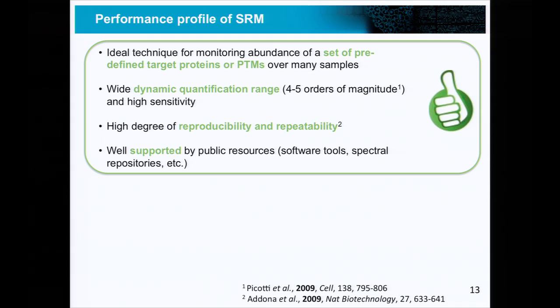A major advantage of working with SRM and these triple quadrupole mass spectrometers is that you can span a quite large dynamic quantification range. So 4 to 5 orders of magnitude is what you can measure in a single experiment. So you can in one shot measure a peptide that is up to 5 orders of magnitude less abundant than the highest concentrated peptide. And this is one of the largest dynamic ranges that you can span compared to other mass spectrometric techniques.